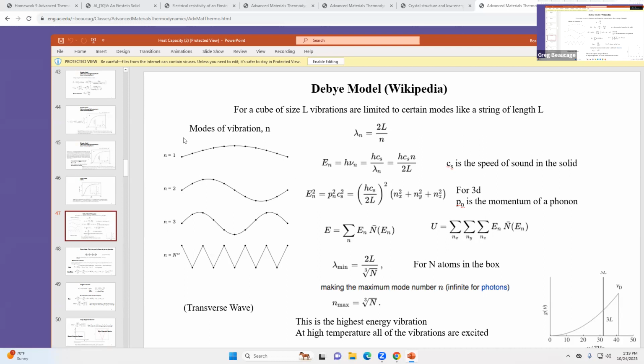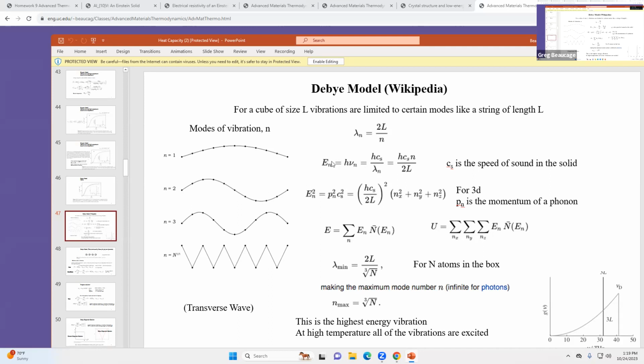In this box picture, this is in 1D, but it's a box with atoms, you can calculate what that energy is. It's E equals h nu, so you have h, and lambda is 2L over n, so you pop that in, and the speed of sound in the solid gives you the energy for each of these oscillations in the material.